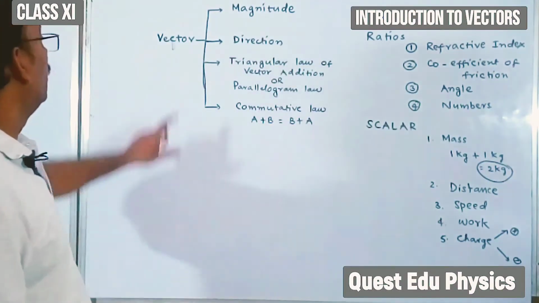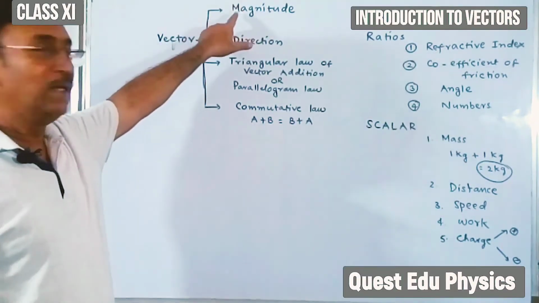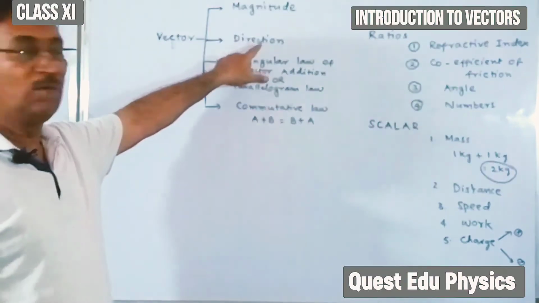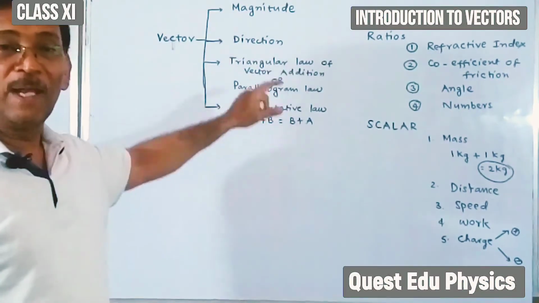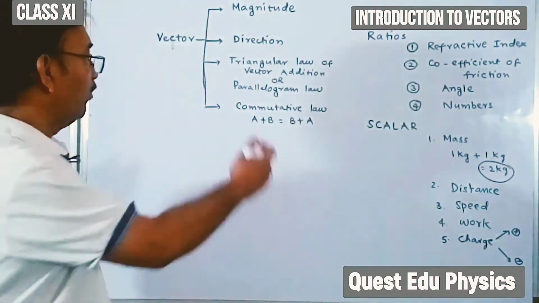characteristics of a vector. What is that? First of all, it has the magnitude. The second, it must have the direction. Third, it has to follow the triangular law of vector addition or parallelogram law of vector addition. You are aware of that.